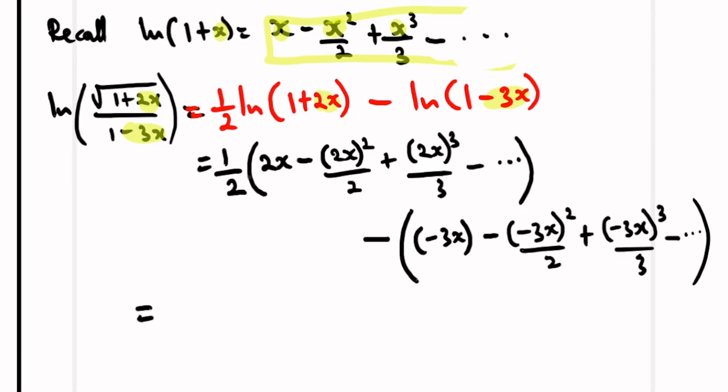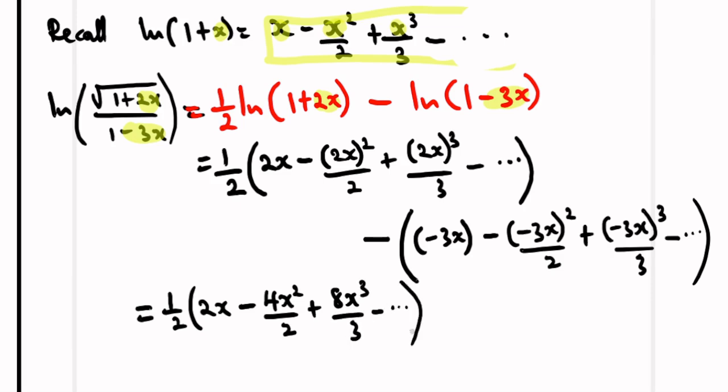we'll be having 1 over 2 bracket 2x minus 4x squared over 2, plus 2 cubed is 8x cubed over 3 minus dot dot dot. Then for this part we have minus, open the brackets for the natural log of 1 minus 3x.